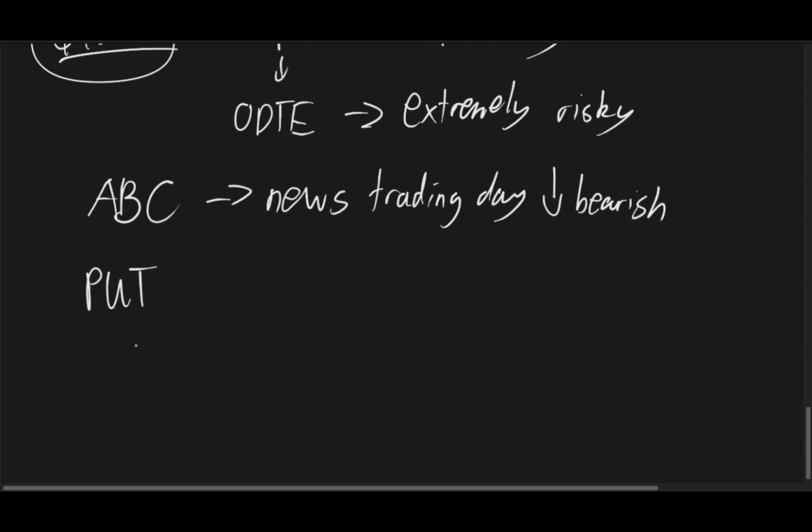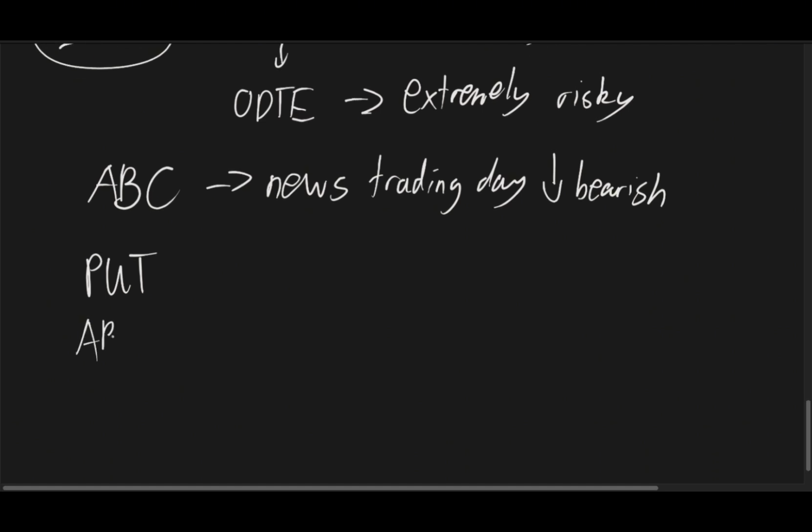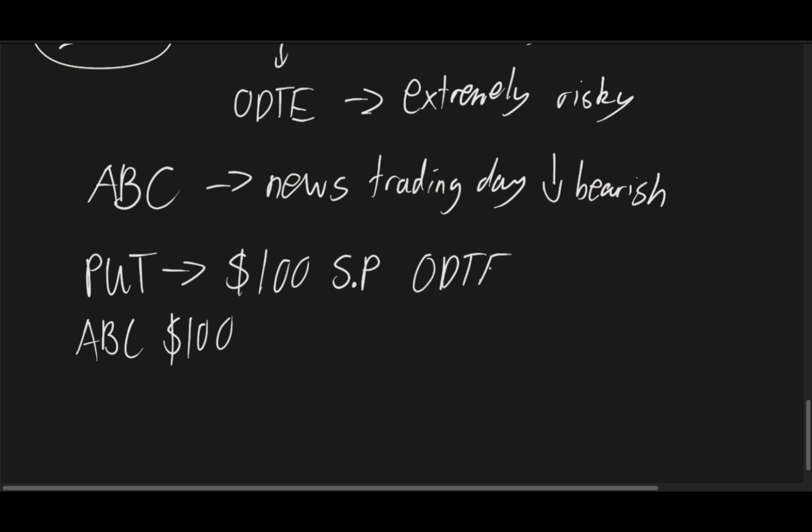So let's say ABC was at $100, right? You could open up a put option at the same price, let's say $100 strike price, and it expires on the same day. So 0 days till expiration. This is extremely risky, as I said earlier.